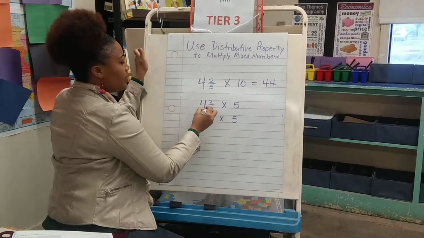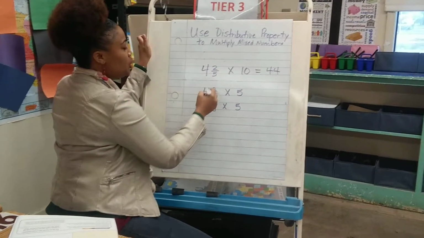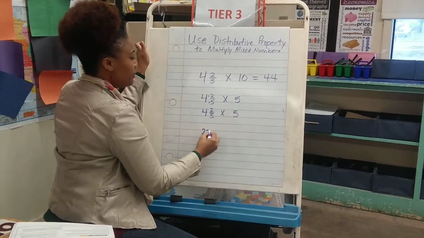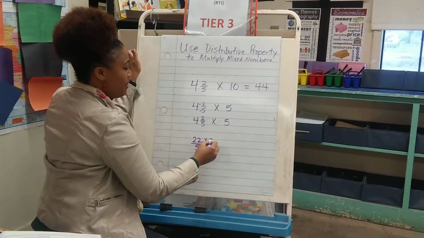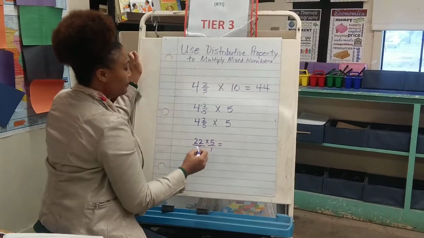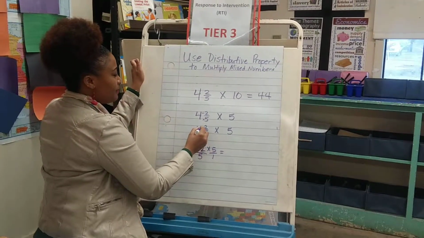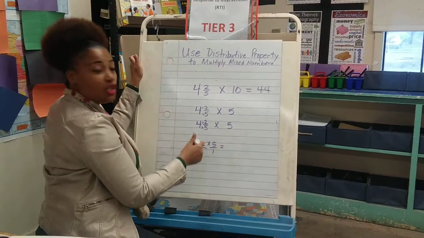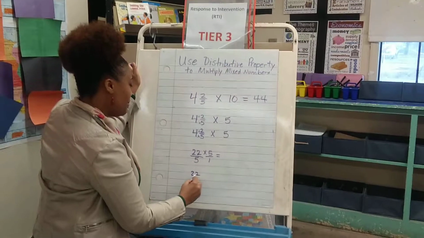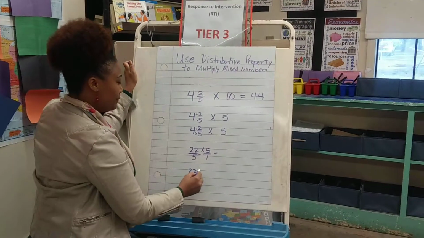So 5 times 4 is 20. 20 plus 2 is 22. And of course, the denominator stays the same. I multiply by 5. Same here. 5 times 4 is 20. And 20 plus 2 is 22. Denominator stays the same.